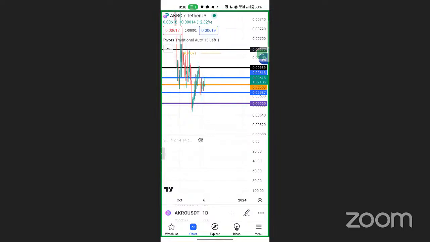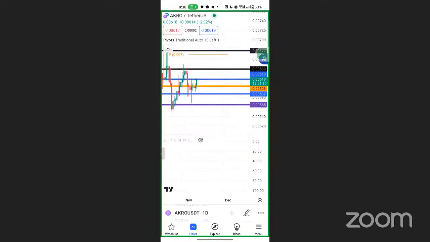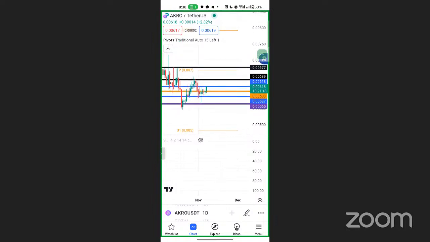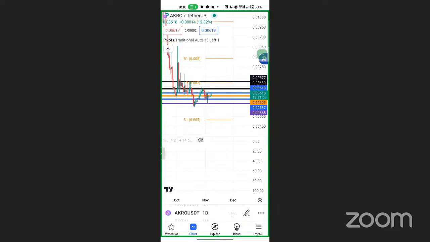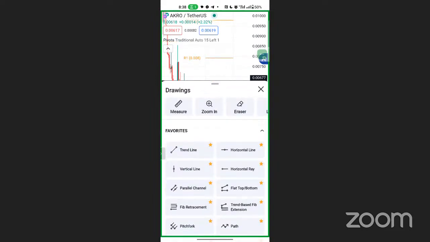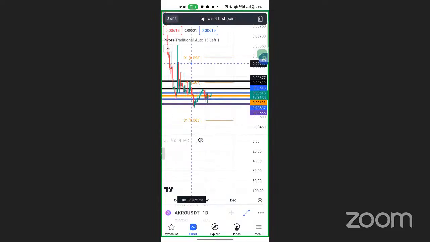If I'm smart enough, there's another pivot point there. Look, guys, look how smart you can become. I could still get to this high.